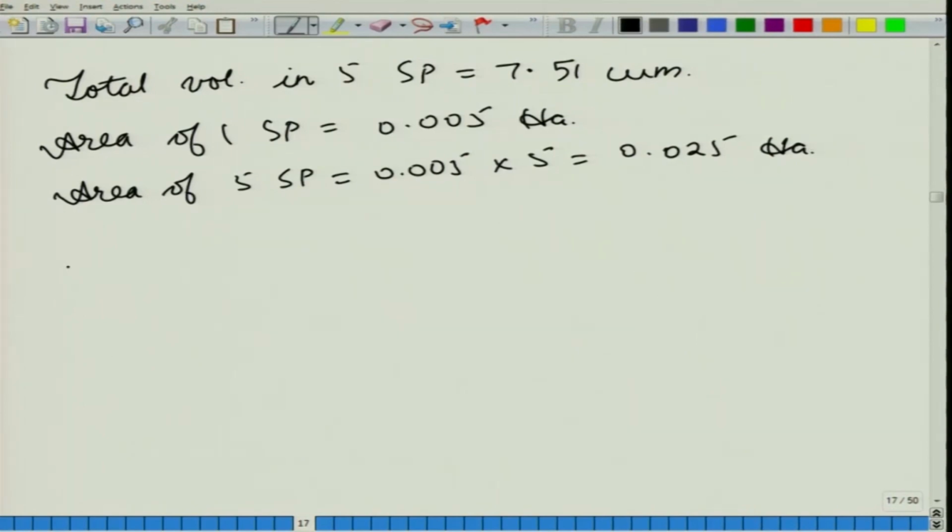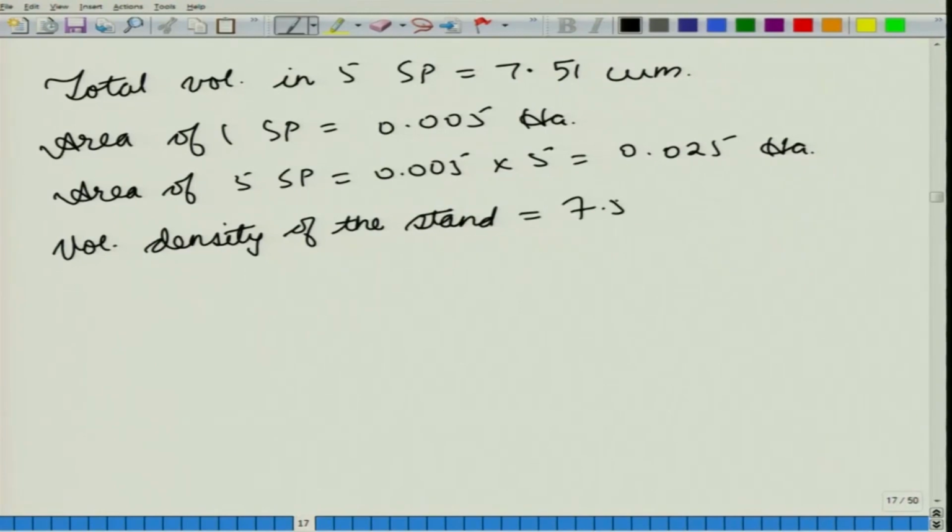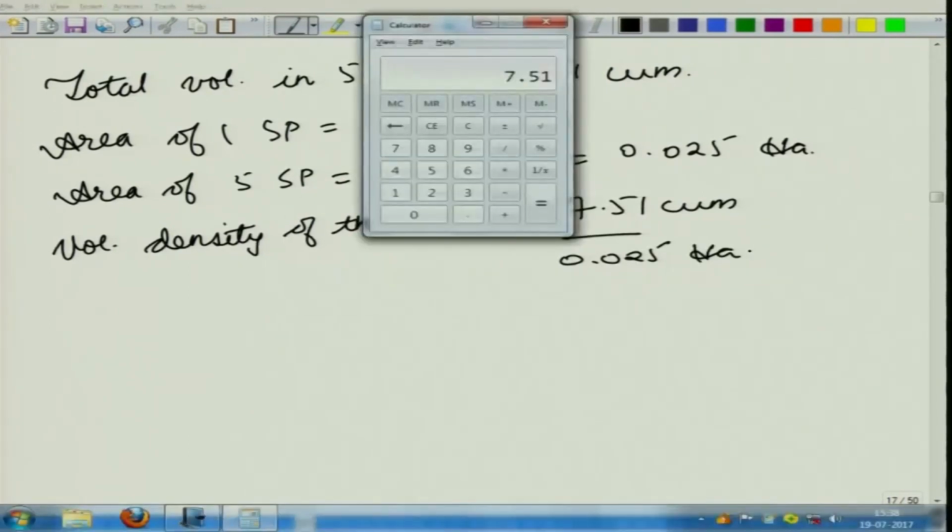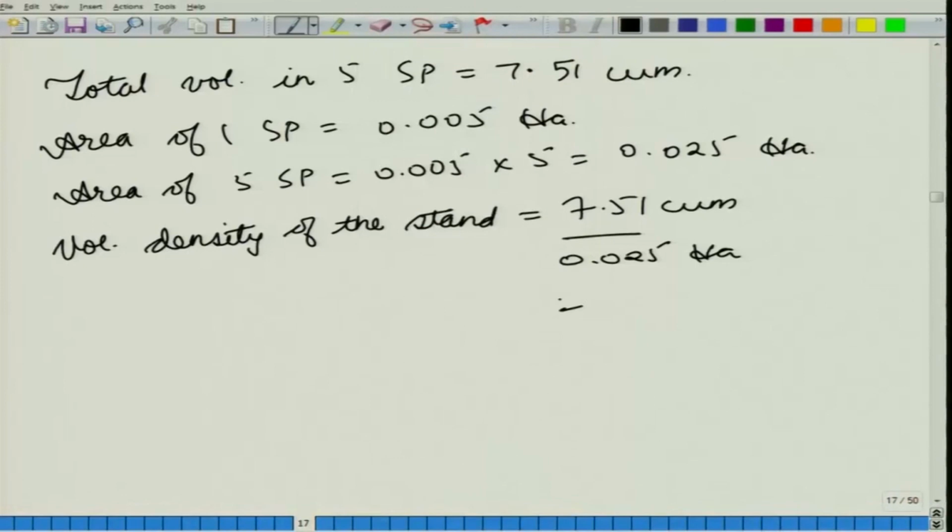If we want to find out the volume density of the stand, it will be 7.51 cubic meter by 0.025 hectares. That is 7.51 divided by 0.025, which is 300.4 cubic meter per hectare.